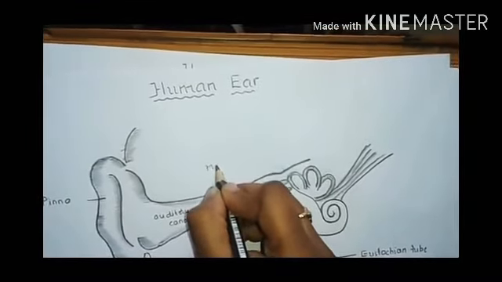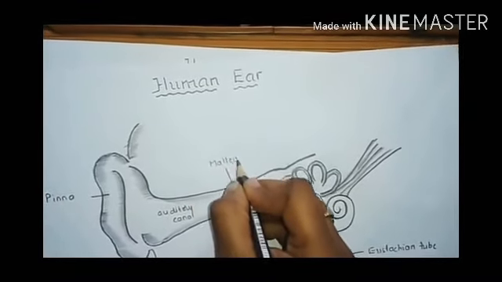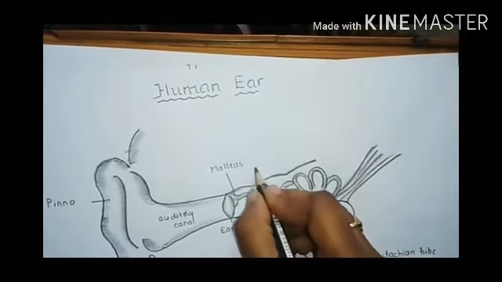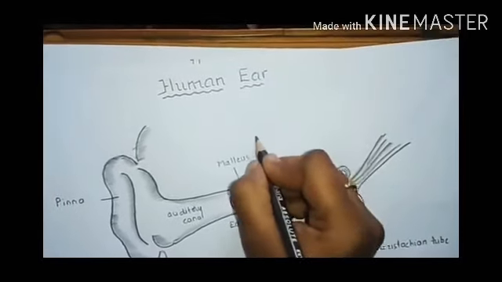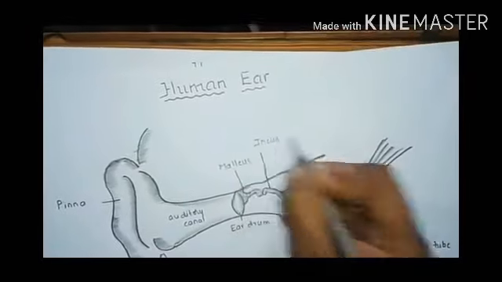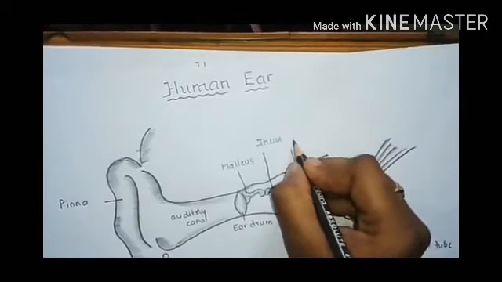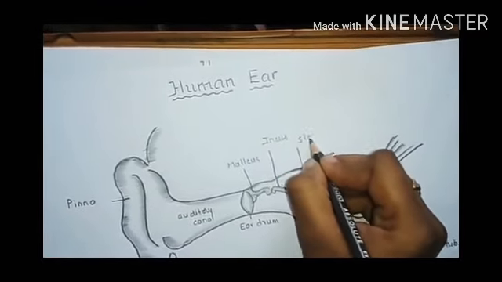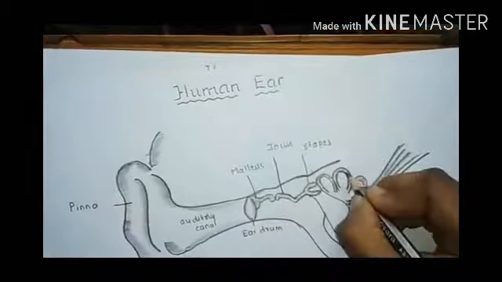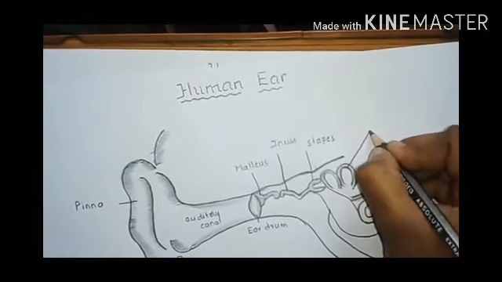First one is malleus. Second bone, this is called incus. Third bone, this is called stapes. And the three semicircular canals.